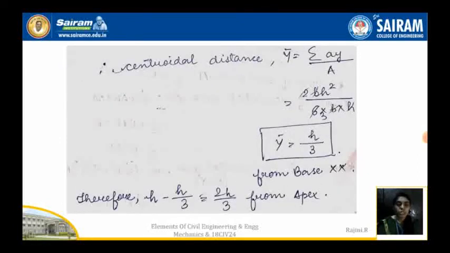So same thing I'm applying, bh square by 6. And what is the capital A? Capital A is half into base into height, that is half into b into h. So if you cancel the 2s and the 3 with the 6, the final remaining answer is h by 3, that is y bar is equal to h by 3.